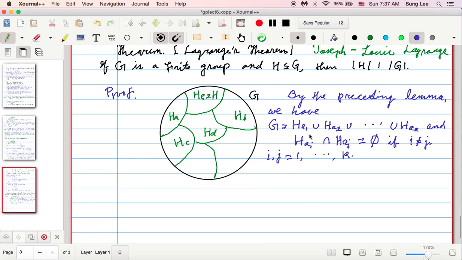Obviously, the order of G is obtained by adding the order of each coset.